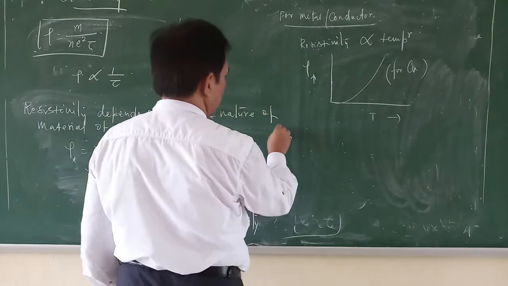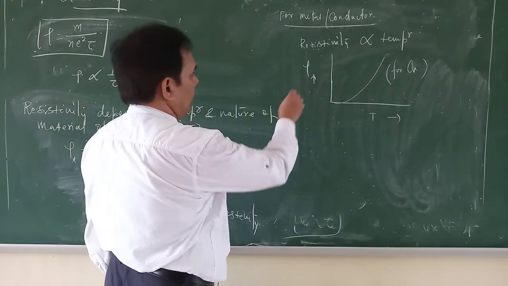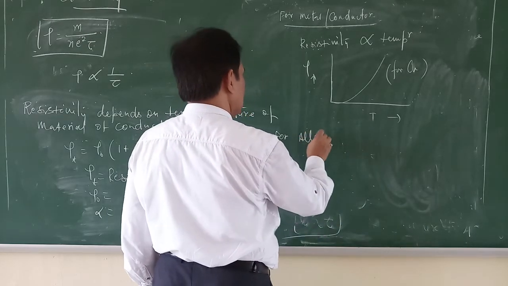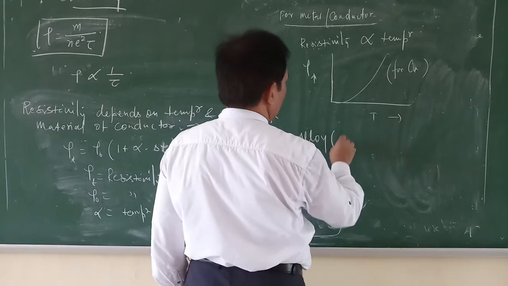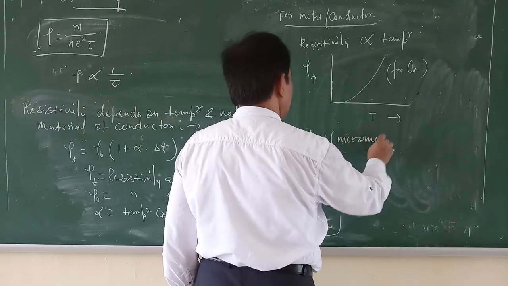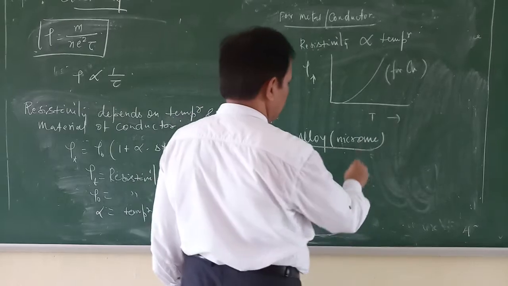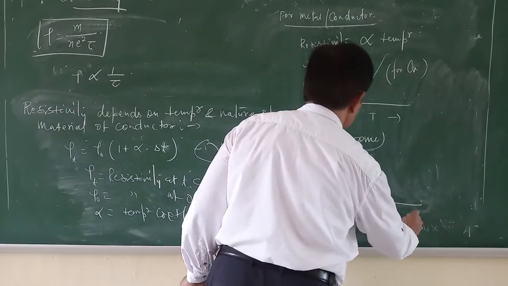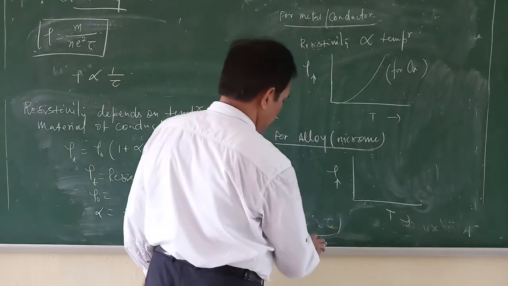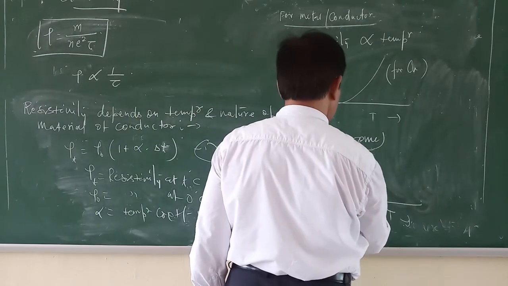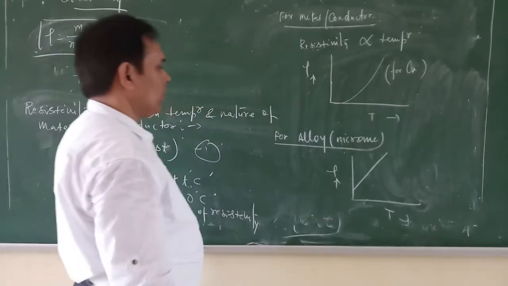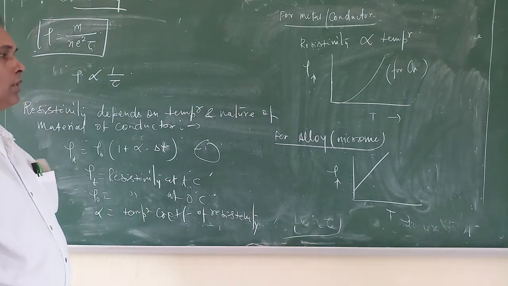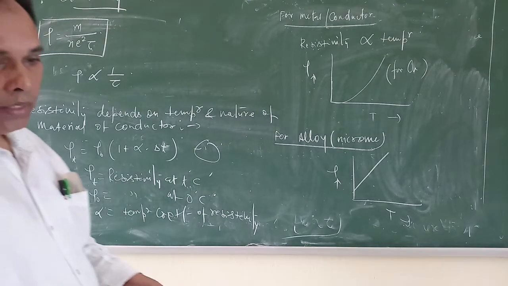Now for an alloy like nichrome, how does the resistivity vary? Resistivity rho, and this is the temperature T. So resistivity will again be directly proportional to the temperature. If the temperature increases, resistivity of this alloy will also increase.